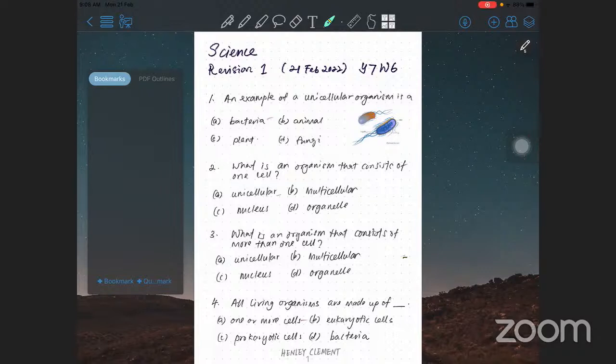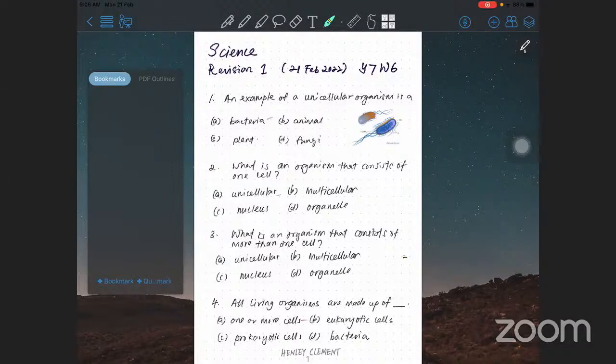To solve this question, you need to know what is meant by unicellular. A unicellular organism must be a one-celled organism. So which one will be your answer?